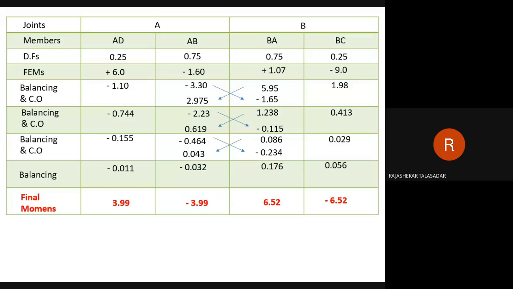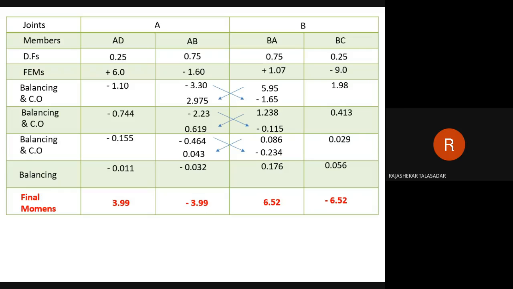That's all. Now again you have to repeat that balancing and carry over. Balancing means it is now plus, so it will be minus. Minus 0.619 into 0.25 comes here. Check it. That is minus 0.15.